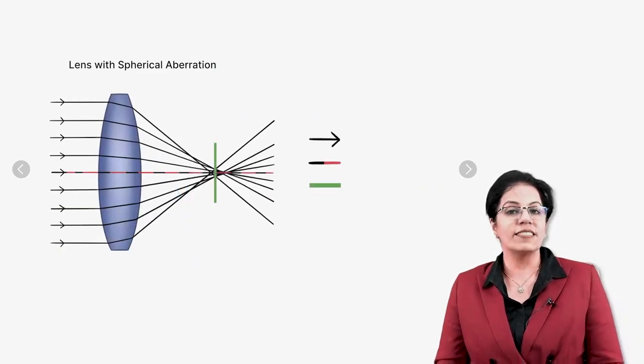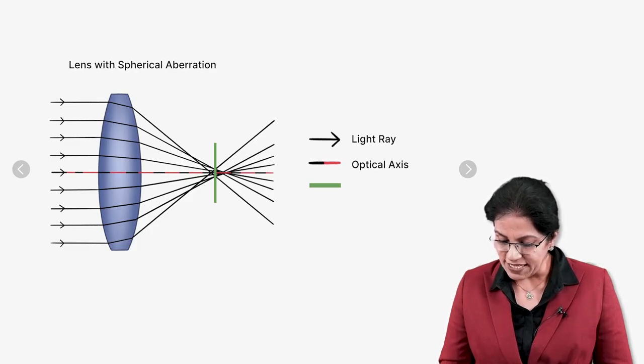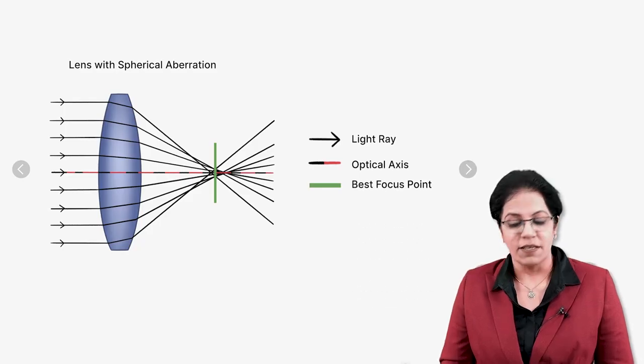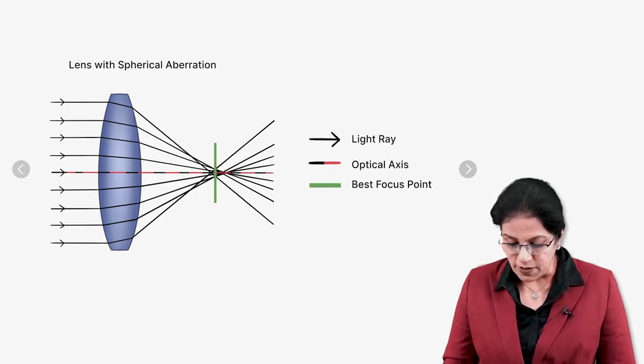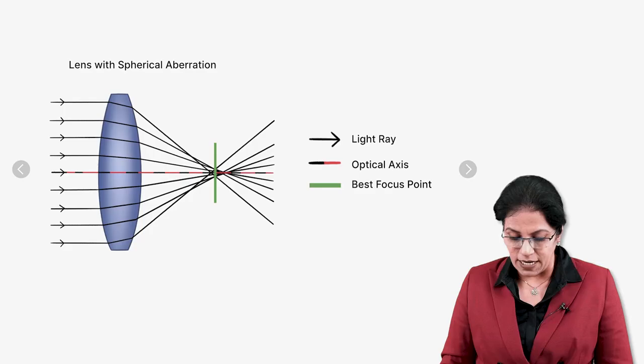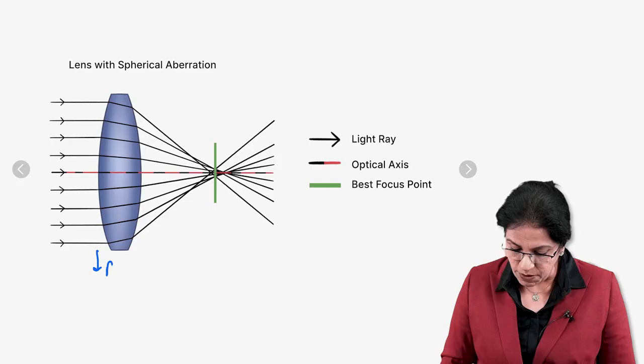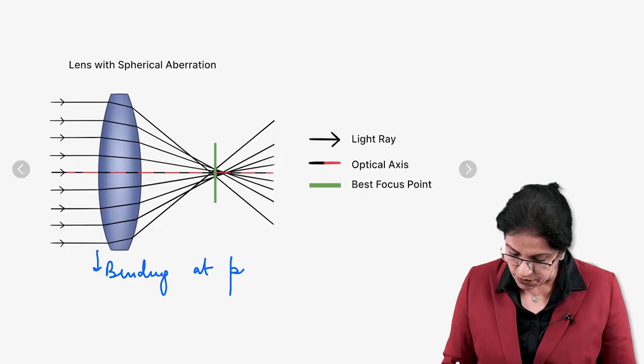Spherical aberration means that at the periphery of the lens, these are your light rays, this is the optical axis, and this is the best focal point. Can you see that the bending from the periphery is more than from the center? This is spherical aberration: bending at the periphery is more.